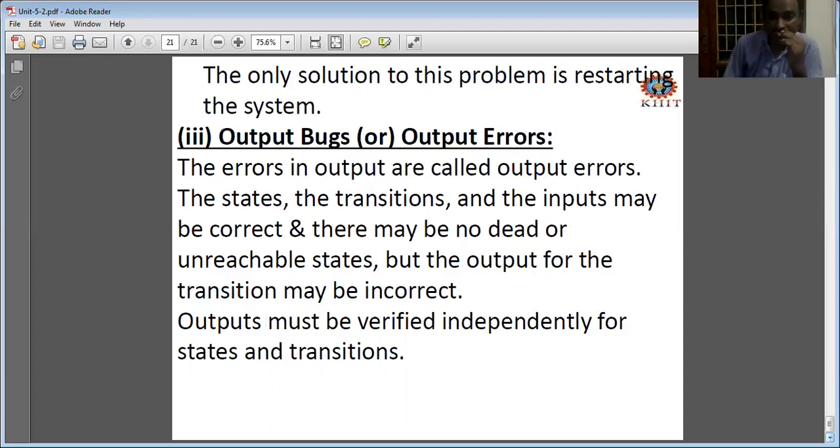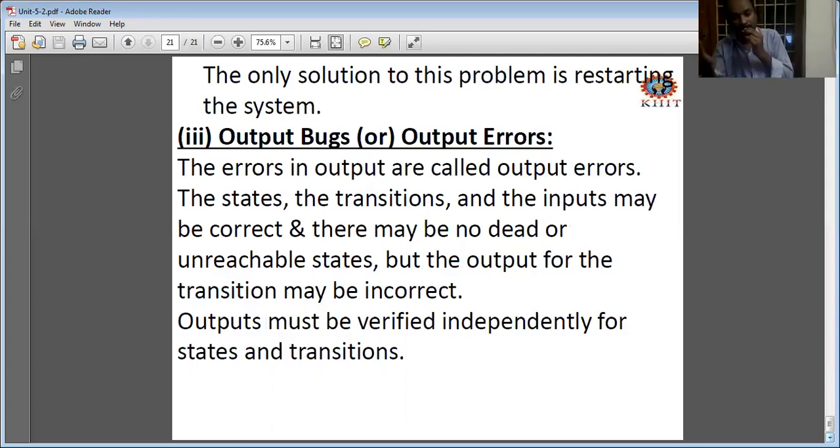Outputs must be verified independently for states and for transitions. So because of these reasons, we get output bugs.